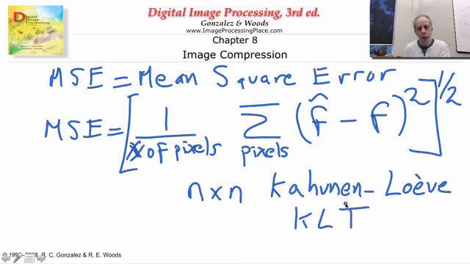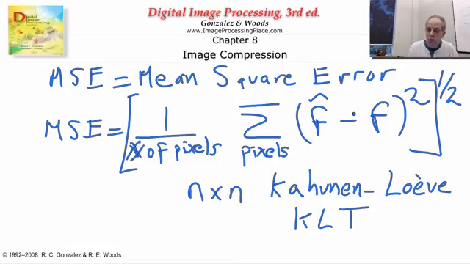If I'm in that domain, if I take just the first one out of the 64, and I compute the mean square error, remember, I basically did a reconstruction with only one. So I take my image, I do a Karhunen-Loeve transform, I remove 63 of the coefficients, I come back and I compute the mean square error.